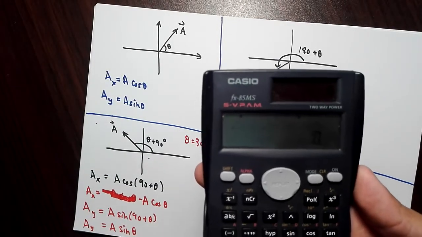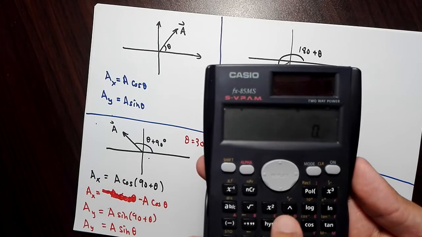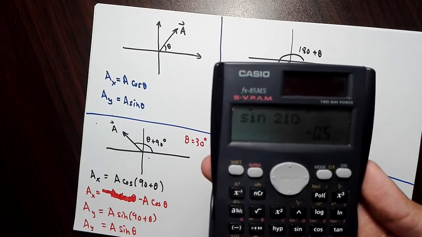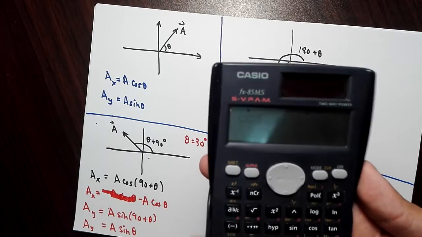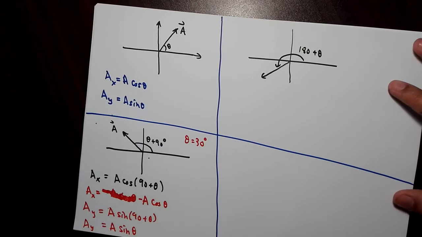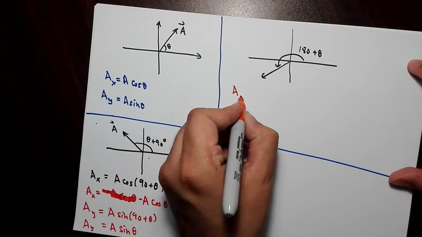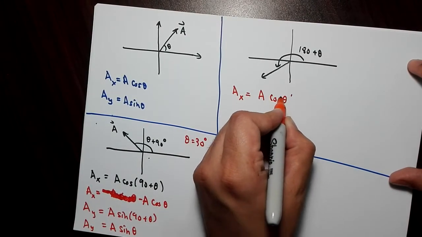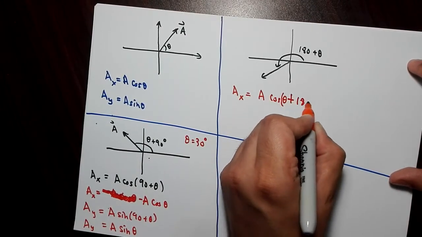So you'll see that cosine and sine for 210 both will be negative. Sine of 210 is negative, and cosine of 210 is also negative, right? So you get AX equals A cosine of theta plus 180.